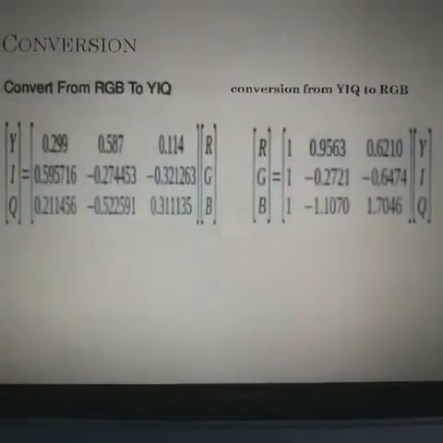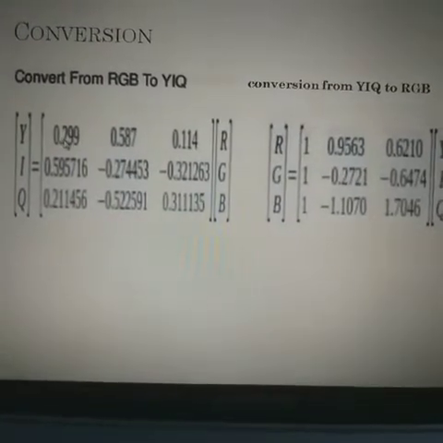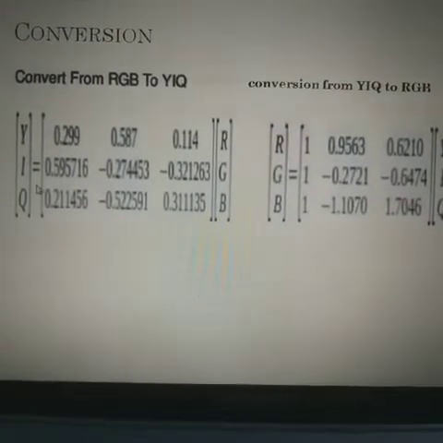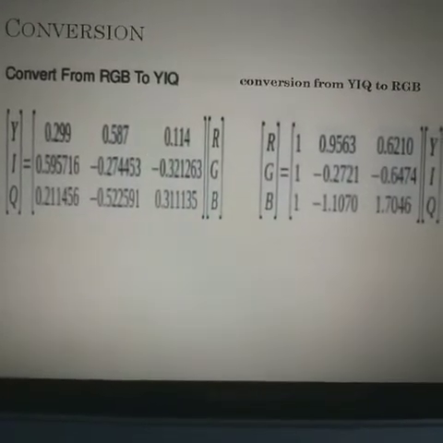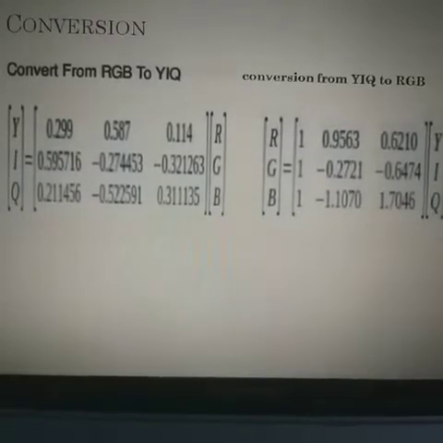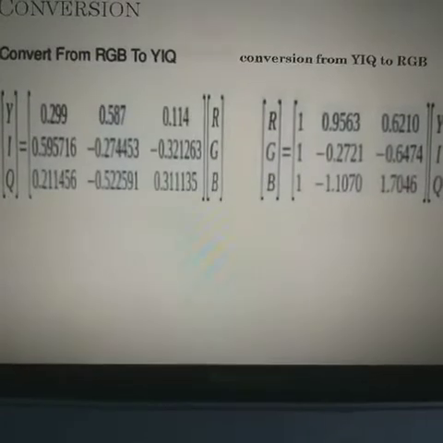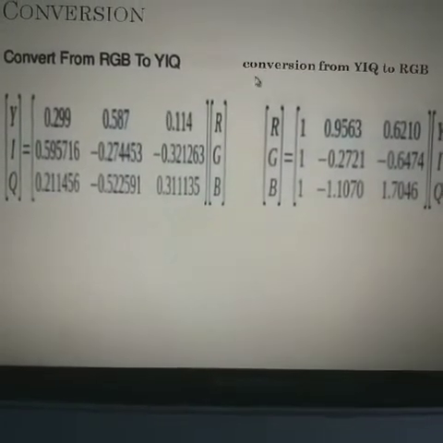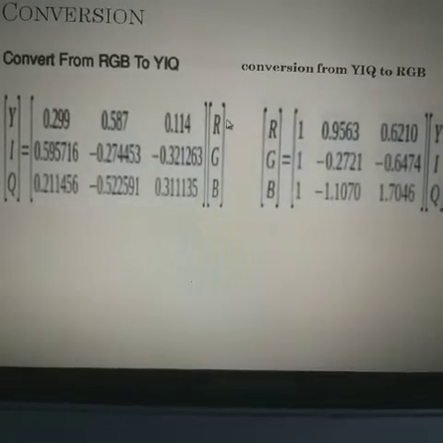Next we have the conversion from RGB to YIQ. We get the YIQ values from the RGB by multiplying this matrix with the RGB values, where red, green and blue range from 0 to 255.